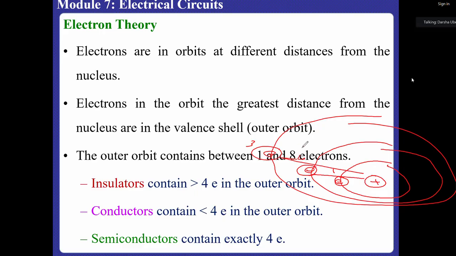The force between electron 1 and the nucleus is very high. That is why we can't remove the first electron very easily. We can remove the third electron very easily because it's less bound to the nucleus.